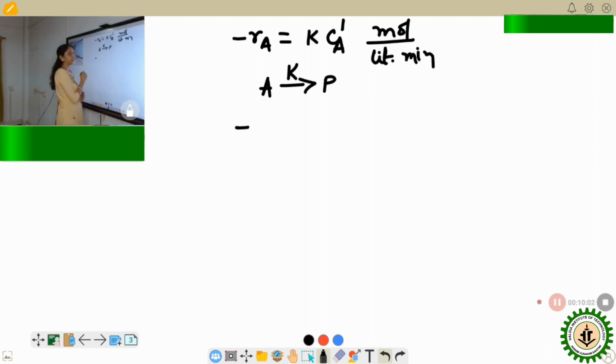So what I told, rate is change of concentration with time. As the concentration of reactant is decreasing, I will put the negative sign.